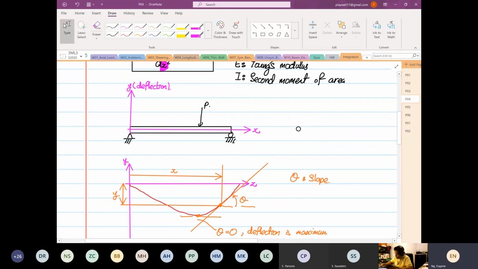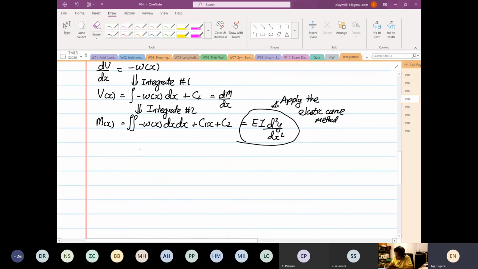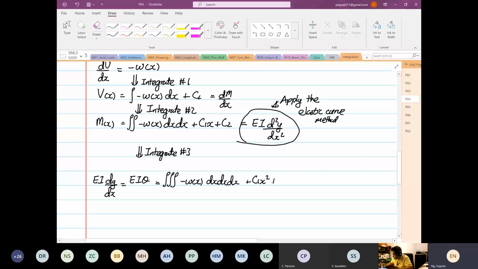So from here, you integrate a third time. It will be equal to EI dy by dx, which is EI theta, since dy by dx is equal to theta. So this is the third time: minus the integral of omega as a function of x, 1, 2, 3, plus c1x squared plus c2x plus c3.